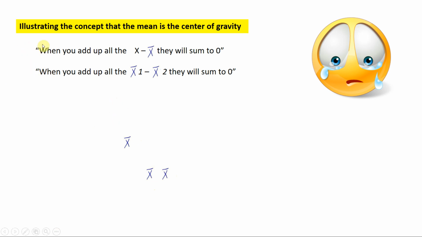So there are 2 concepts we've learned about in class that illustrate that the mean is the center of gravity. When we were looking at simply a set of raw scores, if we find this distance, x minus x bar, for the entire set of raw scores, they will sum to 0, and that's because the mean is the center of gravity.